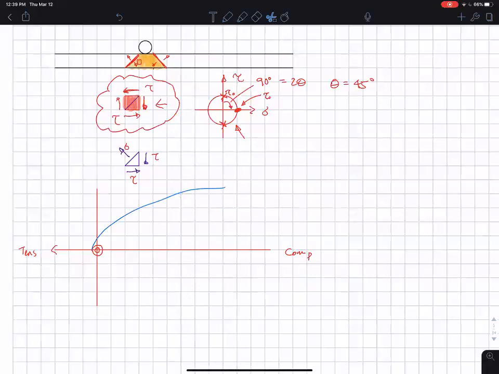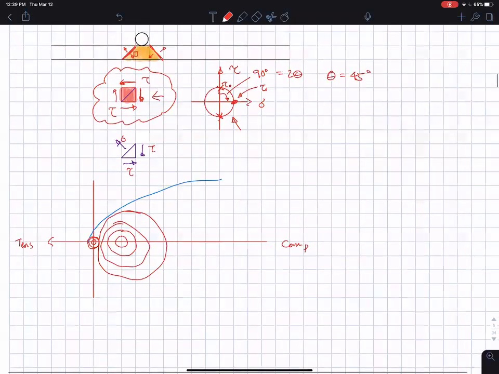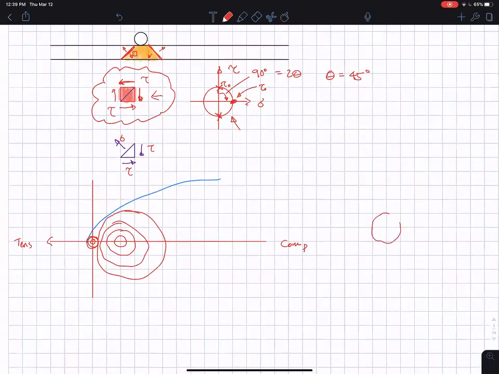Anytime you increase the load, and anytime the Mohr circle touches the blue line, you'll have failure. And what happens right here for pure shear, let me blow that up. And when you get pure shear, this is the Mohr circle.